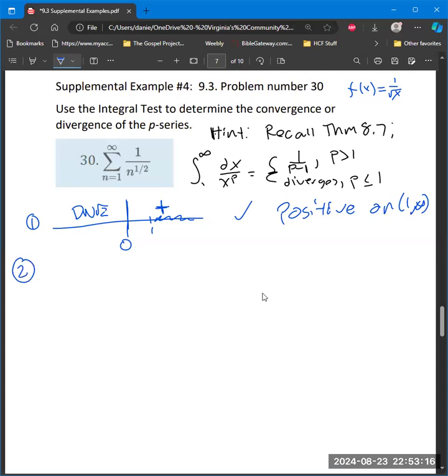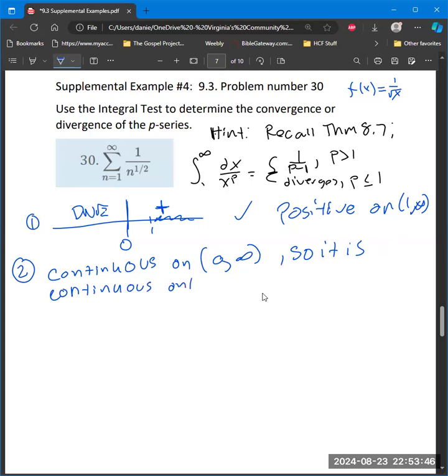2, it is continuous on the interval from 0 to infinity. So it is continuous. Let's make this open.